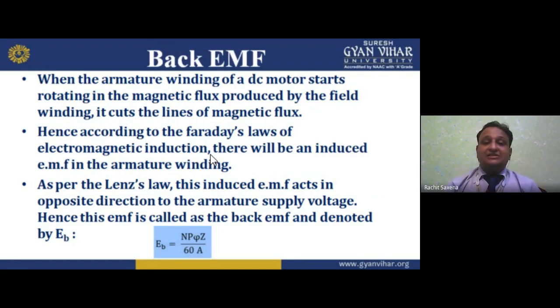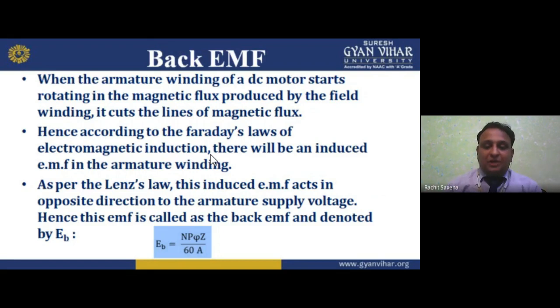Hence, according to Faraday's law of electromagnetic induction, there will be an induced EMF in the armature. Faraday gives two laws. The first law tells you that if there is some variation in the flux linkage, then there will be an induction of an EMF, which is known as induced EMF.